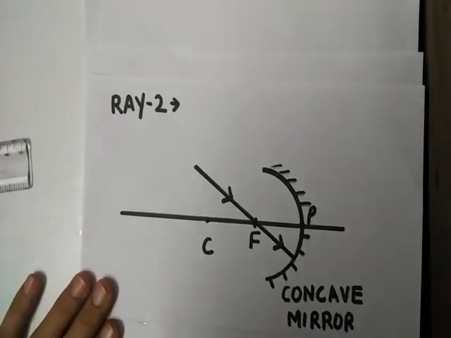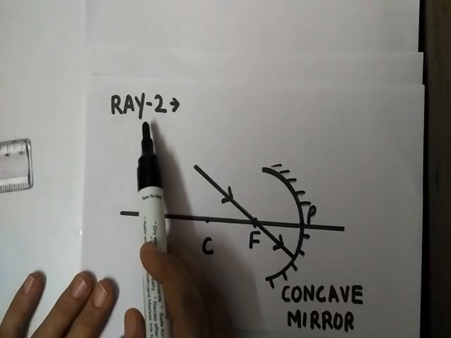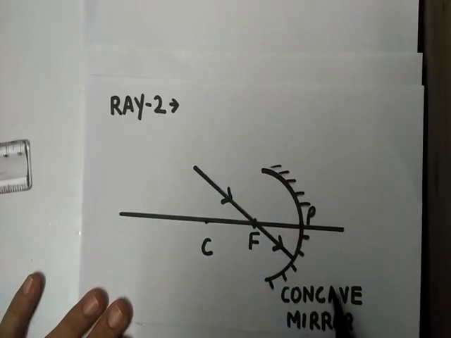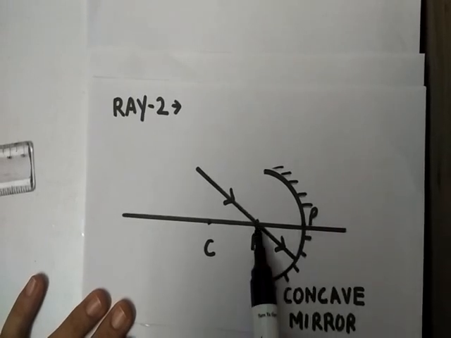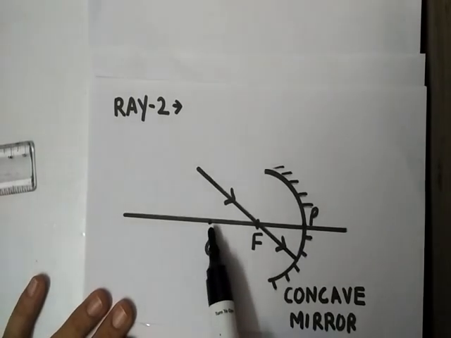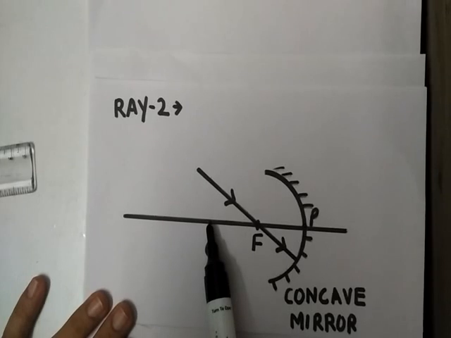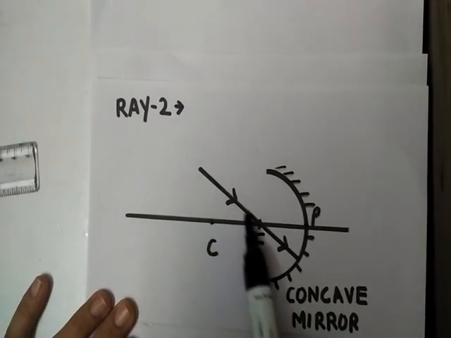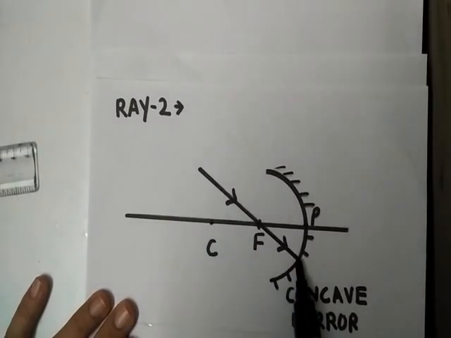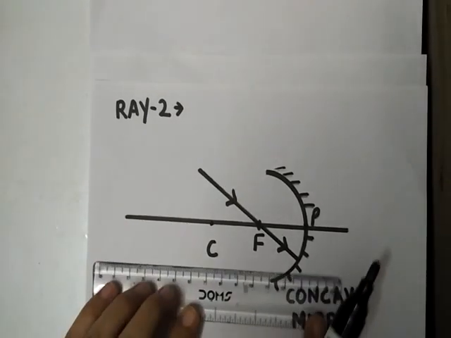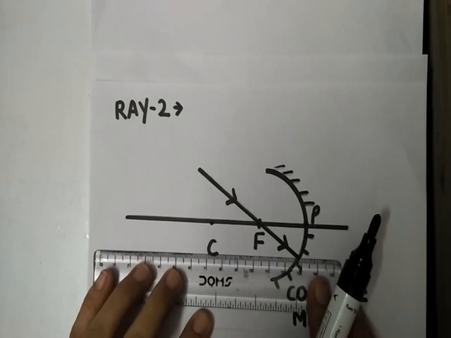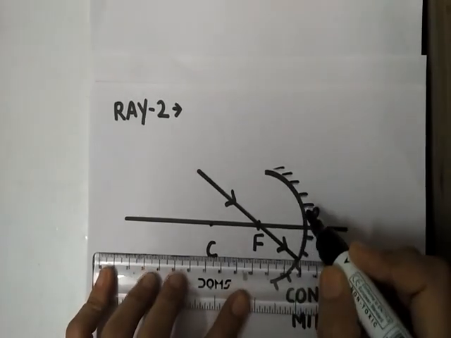Now we are going to discuss ray 2. For this we have drawn a concave mirror, principal axis, pole, focus and center of curvature. It says that whenever the incident ray passes through the focus of a concave mirror, then after reflection it becomes parallel to the principal axis.